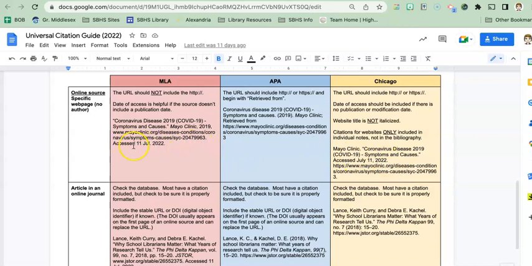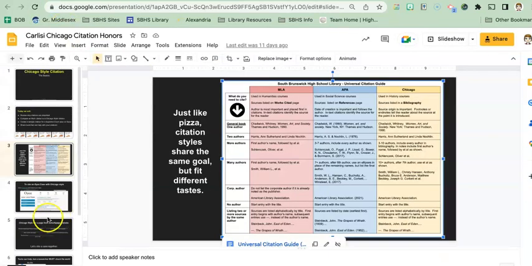If you look over here, we have accessed 11 JUL. 2022. Here we have accessed July 11th, 2022. Again, this is not rocket science. It's just a tiny bit different for each citation. The important thing is that you have a good guide to go to that can help you to figure out how to cite those things, okay? So that's what this guide is designed to do.